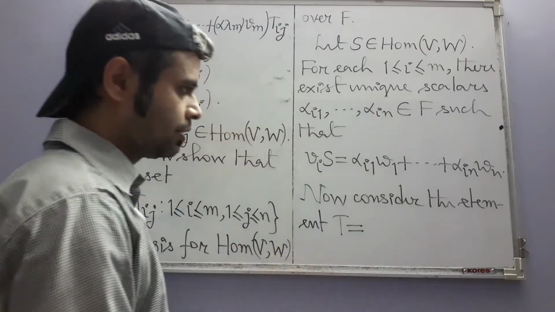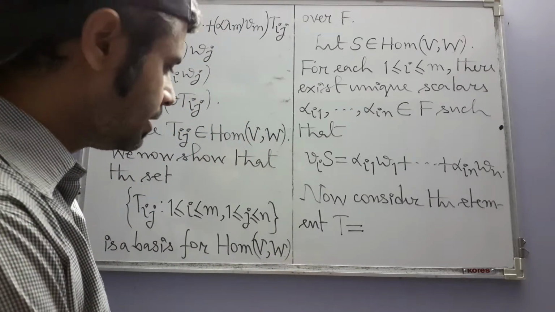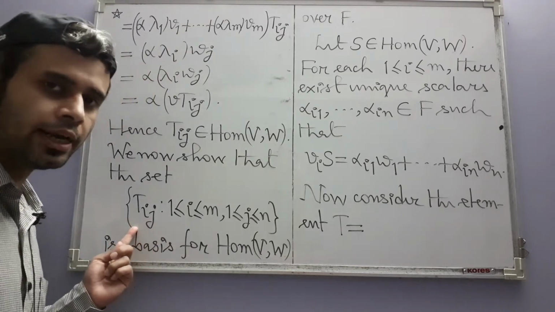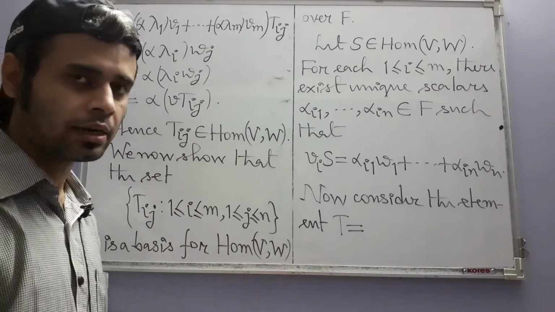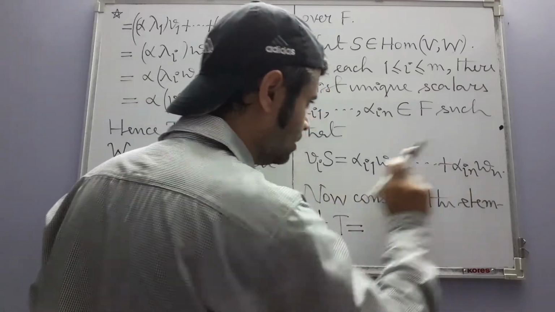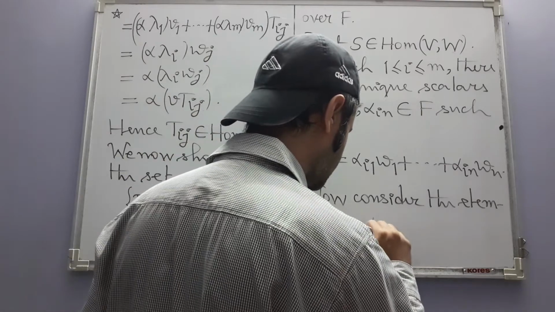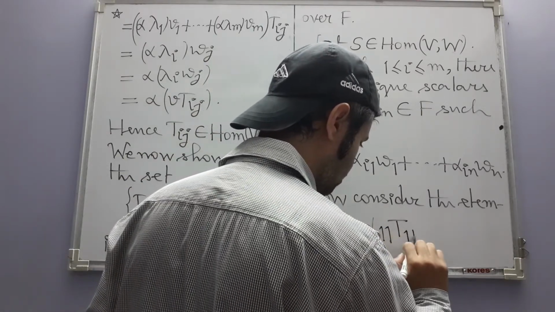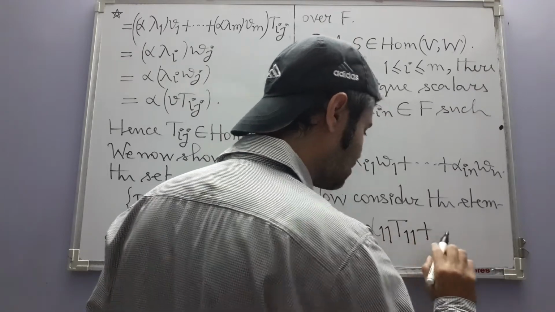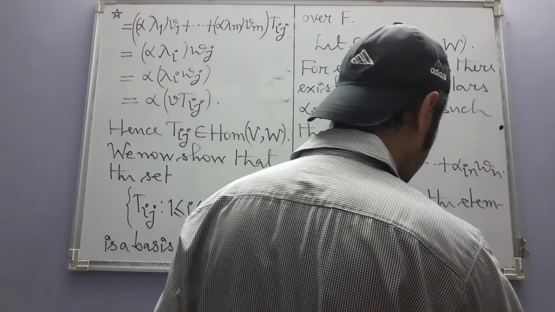So now we are going to write something which is going to be a linear combination of these Tij's with scalars that are coming from here, these expressions, and that thing precisely is this: alpha 11 T11 plus alpha 12 T12 plus alpha 13 T13, like that it goes.